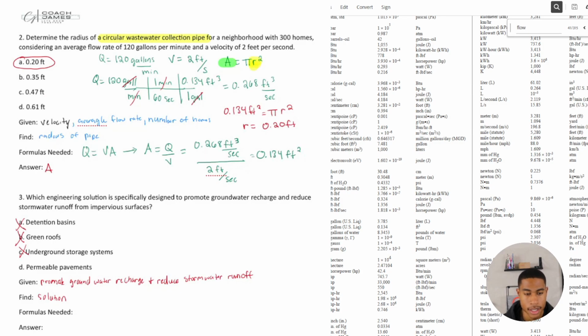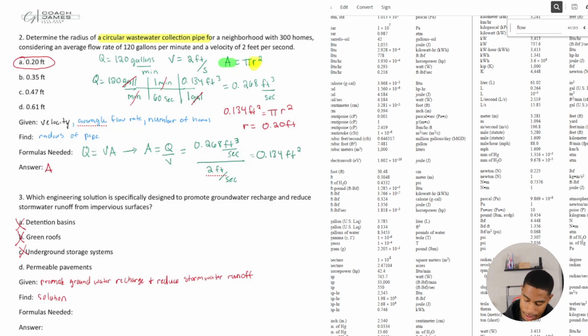Then you've got permeable pavements. Permeable pavements allow water to infiltrate through the surface, reducing runoff, and it promotes groundwater recharge. This helps in managing stormwater and decreasing the burden on conventional drainage systems.